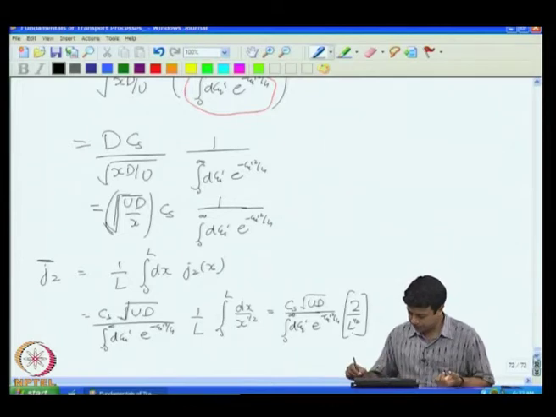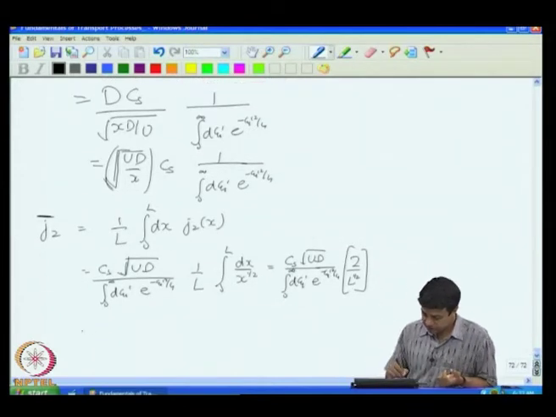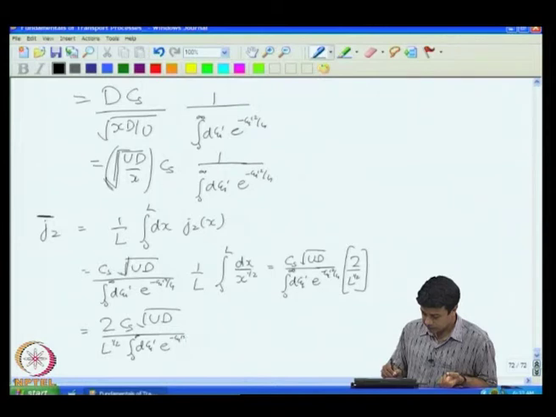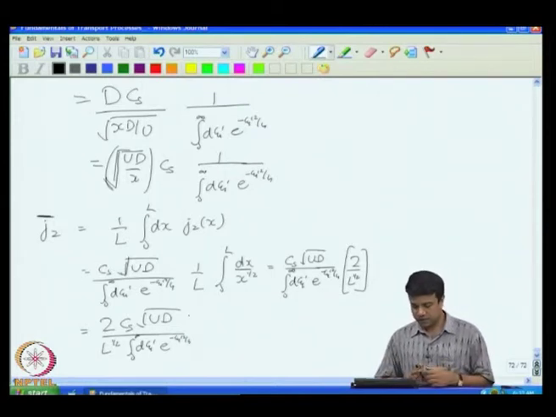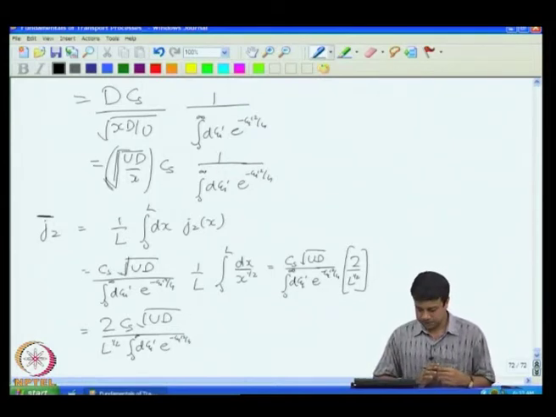So, that is my final expression for the average flux. This is equal to 2 Cs by square root of u D by L power half into integral 0 to infinity d psi prime e power minus psi prime square by 4. So, that is my average flux.